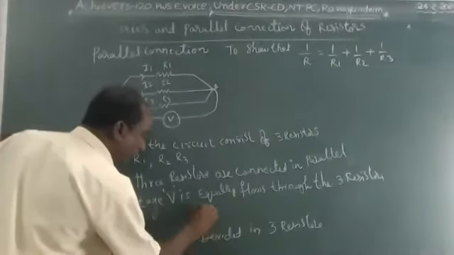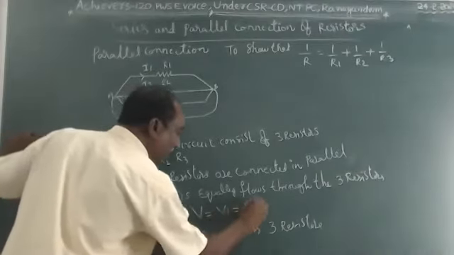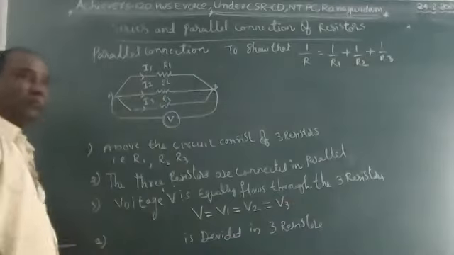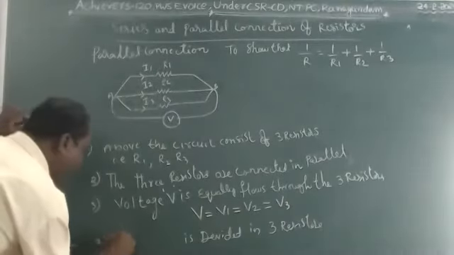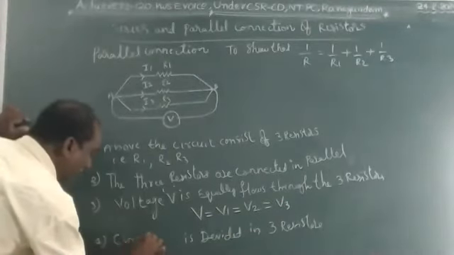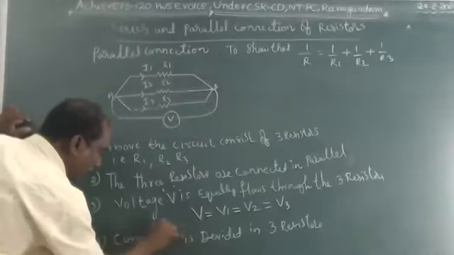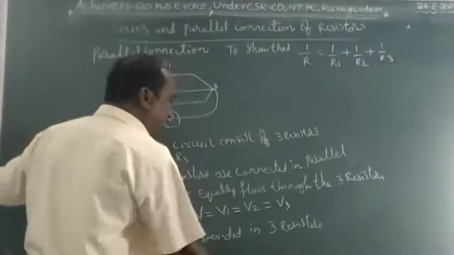That means voltage V equals V1 equals V2 equals V3. And current I is divided among the 3 resistors.